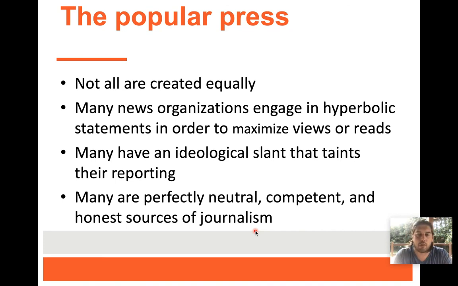So you have to be careful about consuming science in the popular media, the popular press, because of purposeful ideological slants and manipulation of information to try and drum up something maybe going viral so that they can make money off of it. However, many popular press organizations are perfectly competent and journalistic and neutral and honest sources of information.